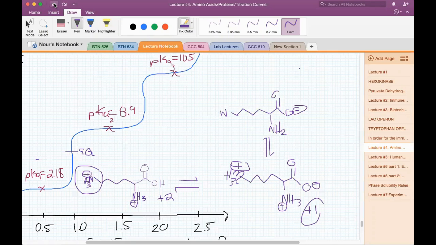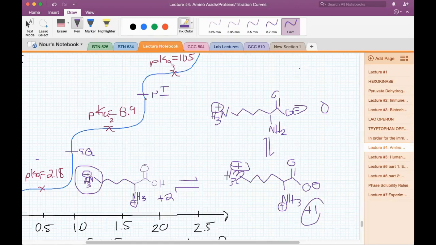Oh my god, why do my N's look like W's? So now this is an actual zwitterion because these two cancel each other out, and this isn't charged anymore because it got its proton taken away. So this is a 0. This is the zwitterion. So here would be the pI.